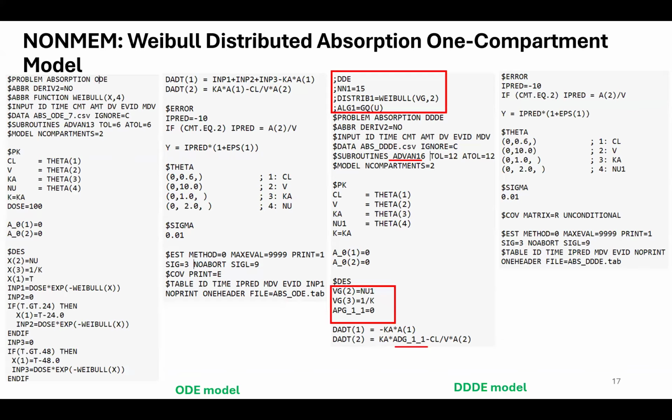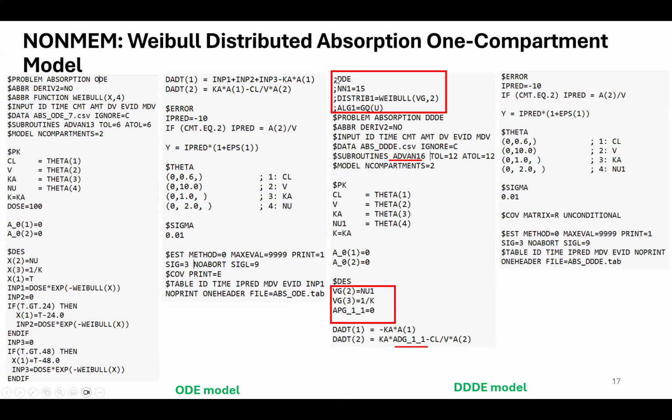When it comes to the distributed delay model, then you really have to approach it with caution, because these pre-statements before the regular NONMEM control stream starts are required.